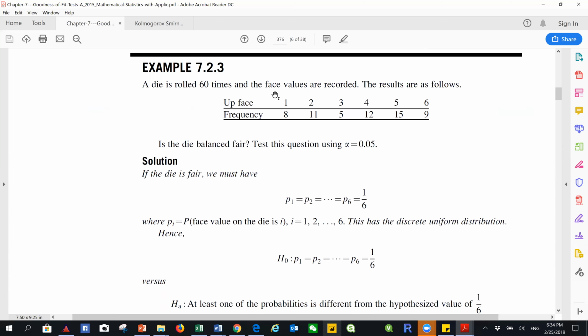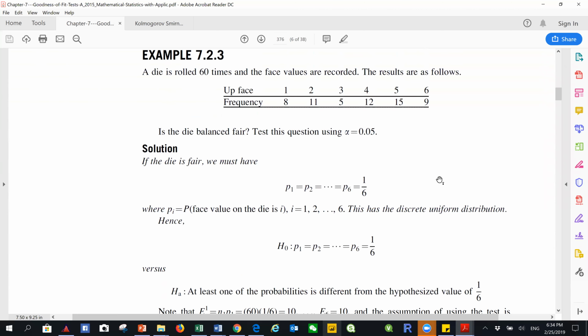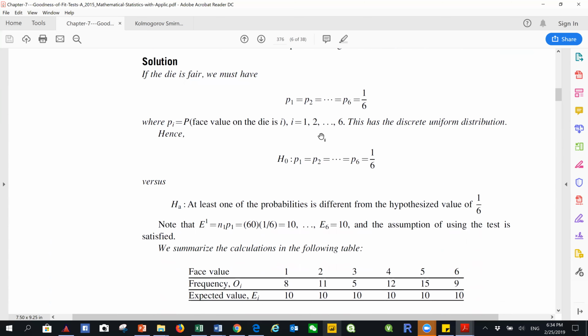Another example, count data again. Face frequency: a die was rolled 60 times, and the face values were recorded. We want to see if this is a fair die, and a fair die should have 1/6 probability.